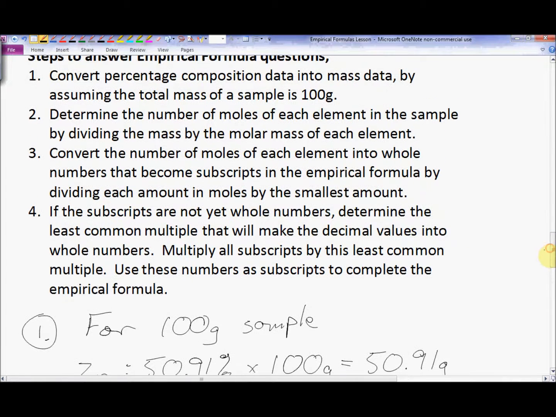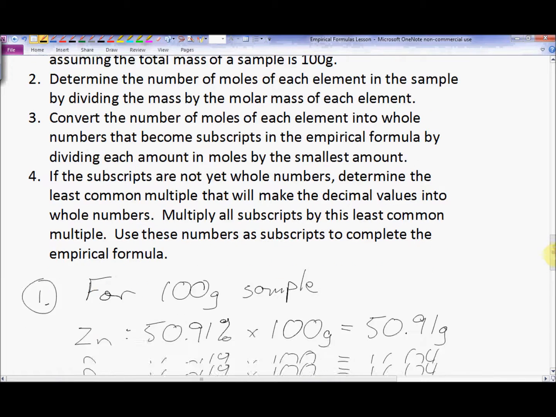Step two says to determine the number of moles of each element in the 100 gram sample by dividing the mass that we have of each material by the molar mass of each of these elements. Okay, so let's go ahead and do that.